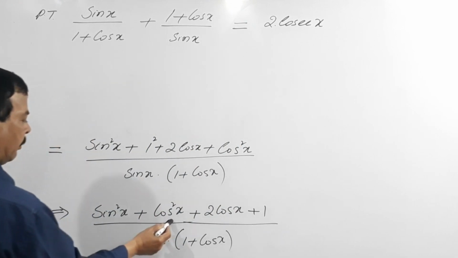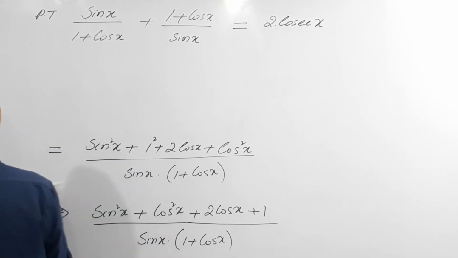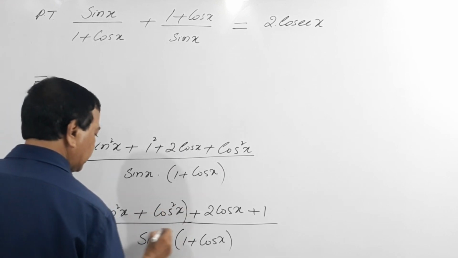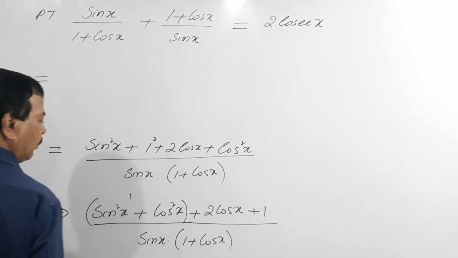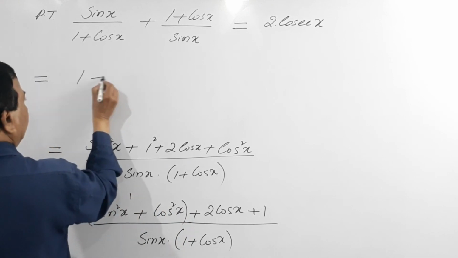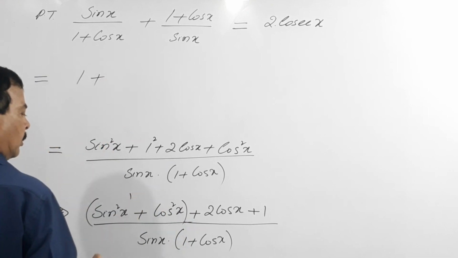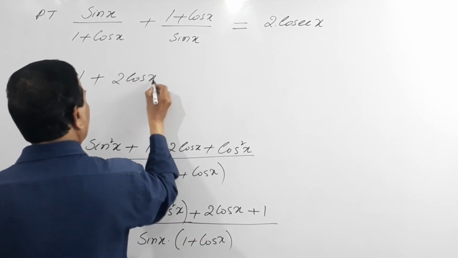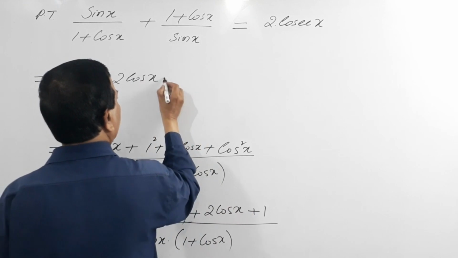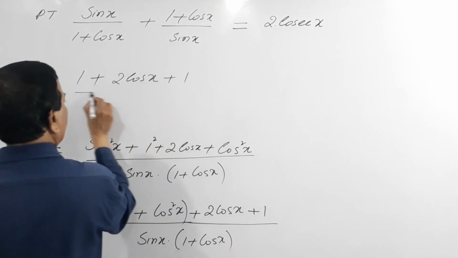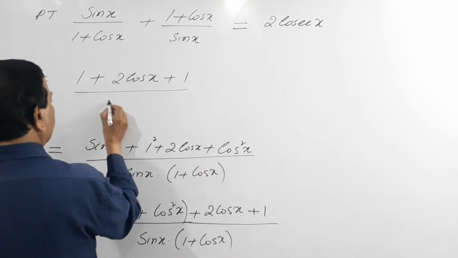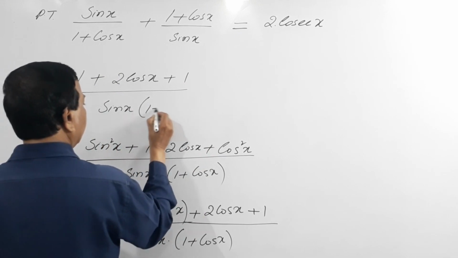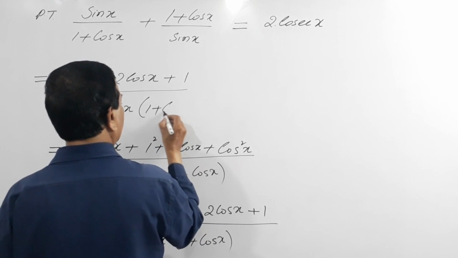So sin square x plus cos square x is nothing but 1. This is equal to 1 plus 2 cos x plus 1, divided by sin x into 1 plus cos x.